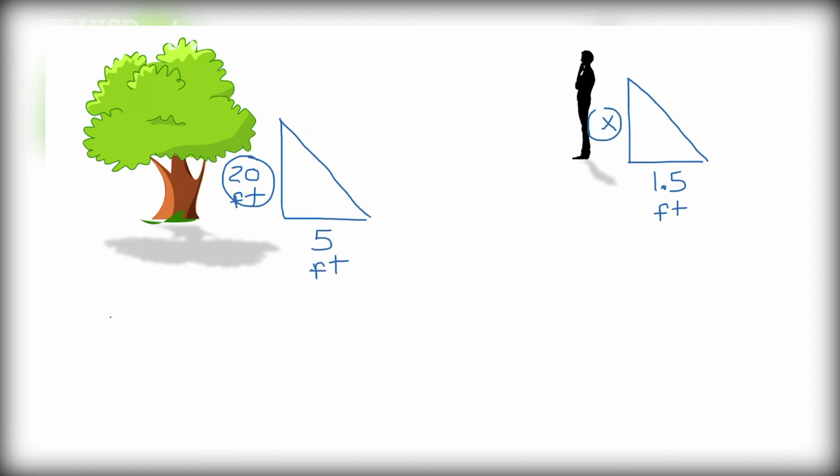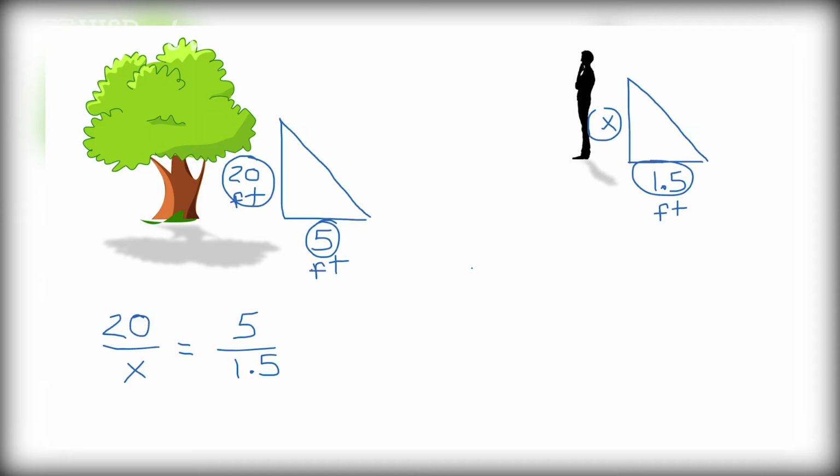So I'm gonna make my fraction 20 over x, and then the next fraction is going to be our measurement of the shadow, which is 5 and 1.5. So I'm going to put it right here, 5 over 1.5. And remember, in order to make it a proportion, I just have to draw an equal sign in between these two fractions.